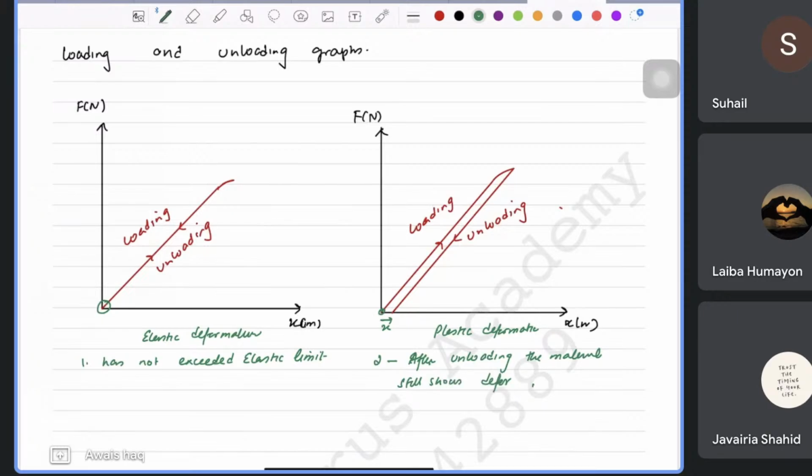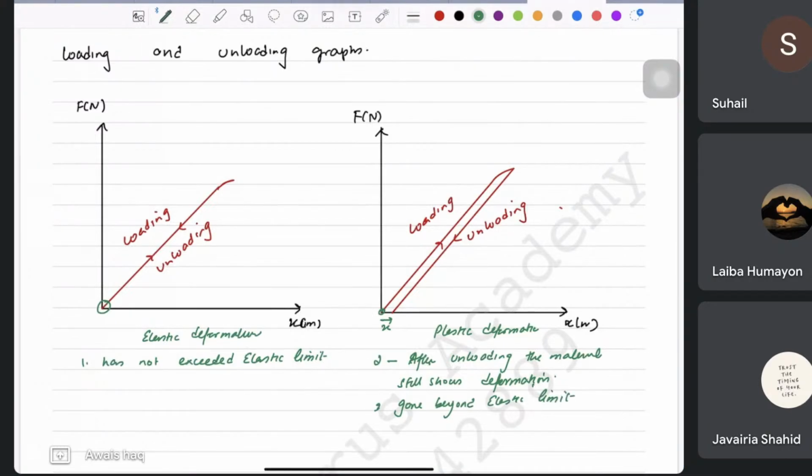That means it has gone beyond the elastic limit. So in the first graph, you can say it has reached its limit of proportionality, but not the elastic limit. Yes, it has exceeded proportionality. That is correct.